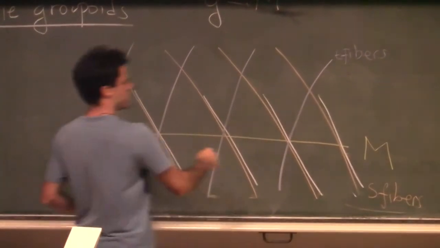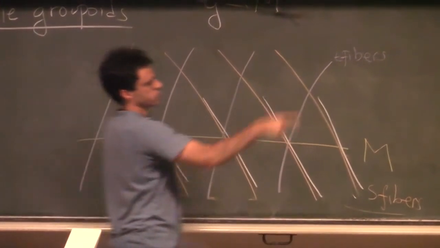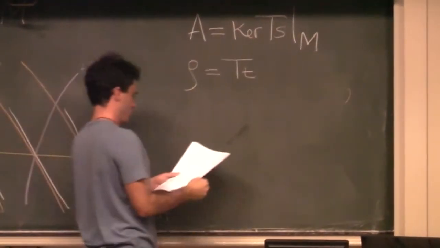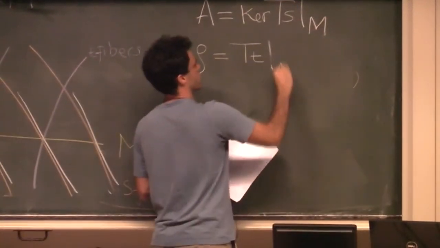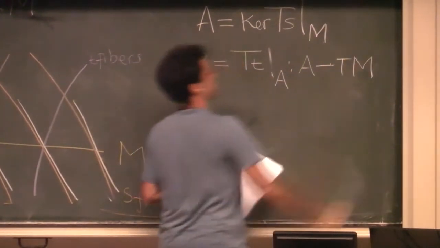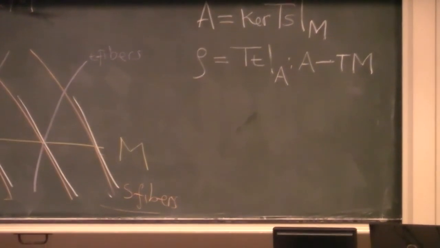And then you use the target map as the anchor. So the anchor will be the differential of the target restricted to A, from A to TM. Right? So this is the map. It goes like this.